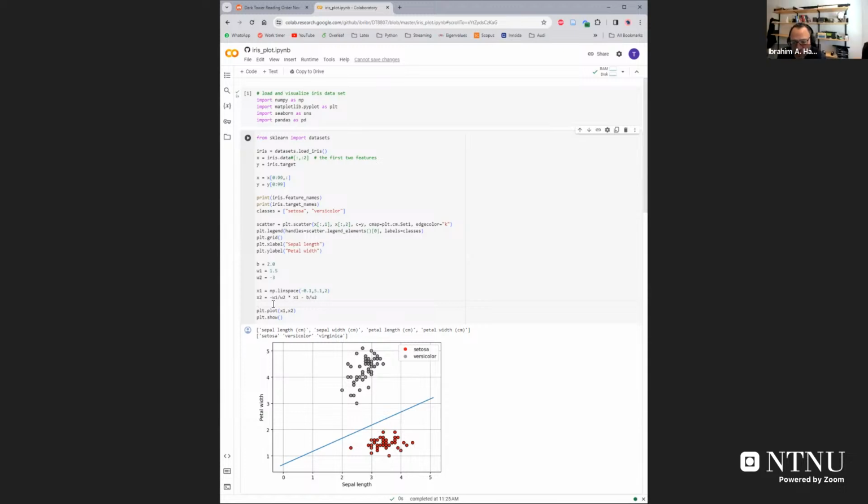You have X1, this is okay, but X2, it's minus omega 1 divided by omega 2 multiplied by X1 minus B. Yes, this one should be fine, right? I mean, we pick these values manually, so there's no training loop involved.